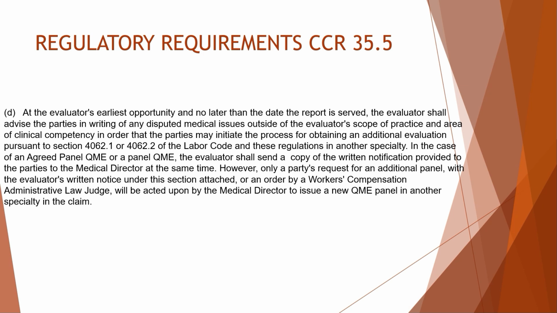For example, they're reporting sexual dysfunction, dribbling of urine, or incontinence of feces, perhaps related to a spinal cord condition. These are conditions that would require evaluation by an evaluator in another specialty. And this is the procedure that's involved with that.